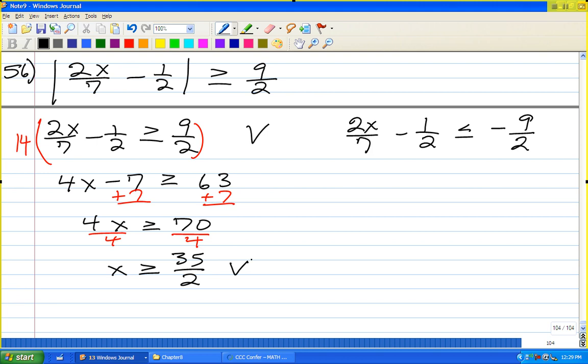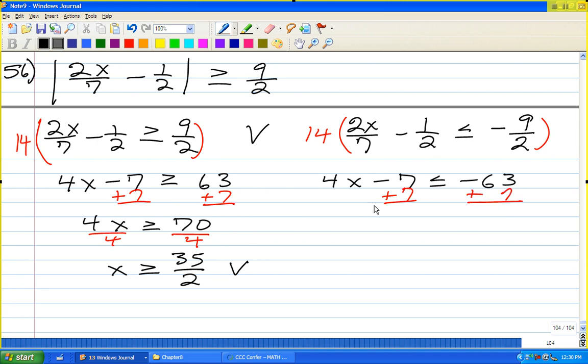Or let me multiply both sides of my inequality by the least common denominator, 14. 14 divided by 7 is 2 times 2x is 4x. 14 divided by 2 is 7 times negative 1 is negative 7. 14 divided by 2 is 7 times negative 9 is negative 63. Let me add 7 to both sides of my inequality.